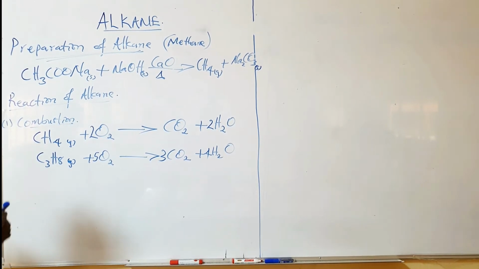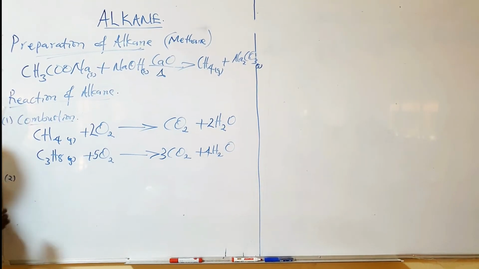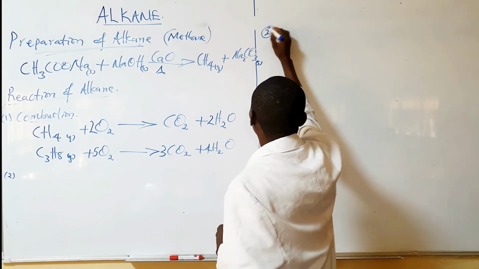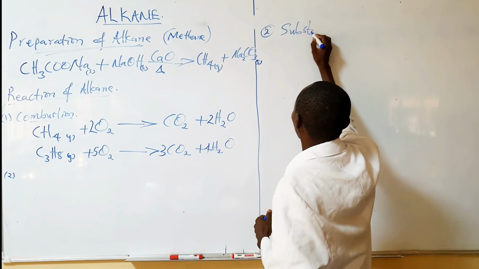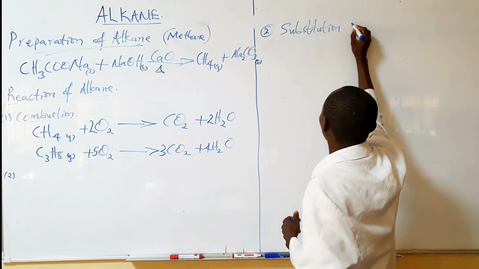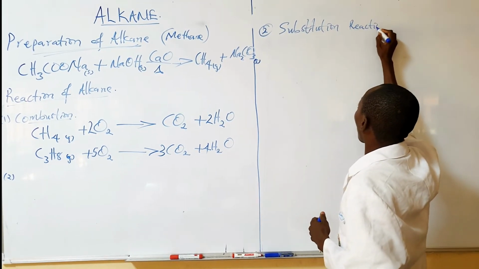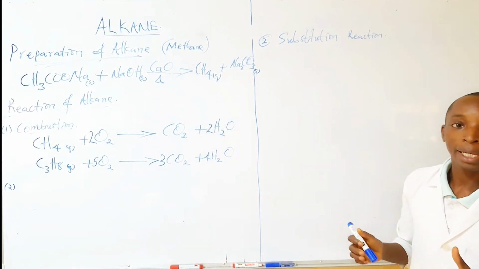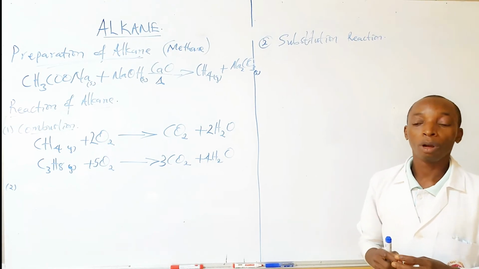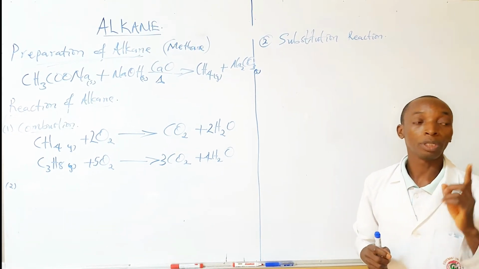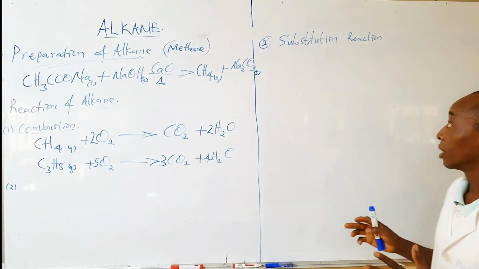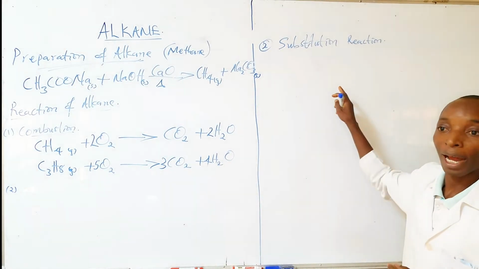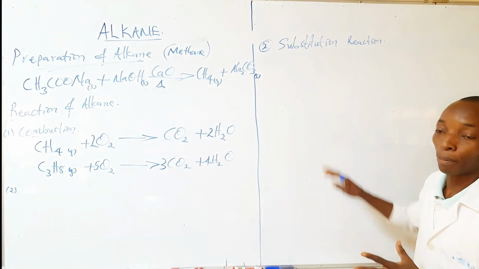Yes, this other reaction is what we call substitution reaction. Alkane generally undergoes substitution reaction, and by substitution reaction we mean a reaction that involves the replacement of an atom on the central carbon.